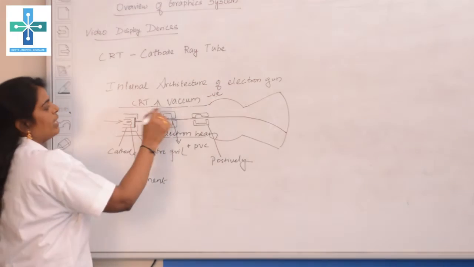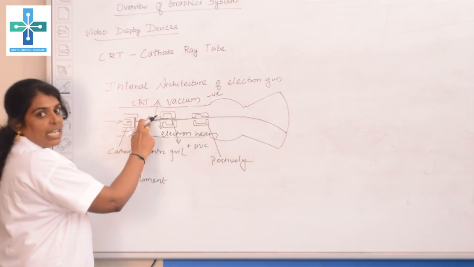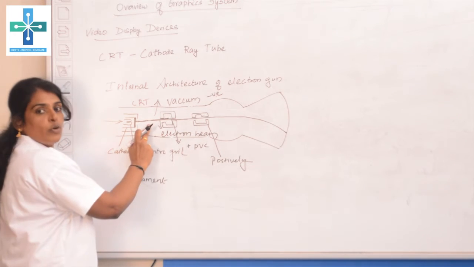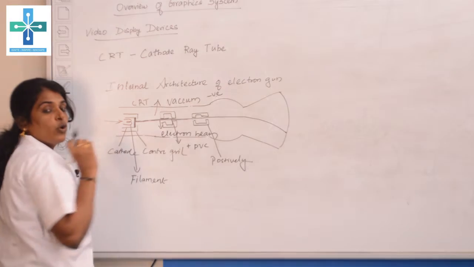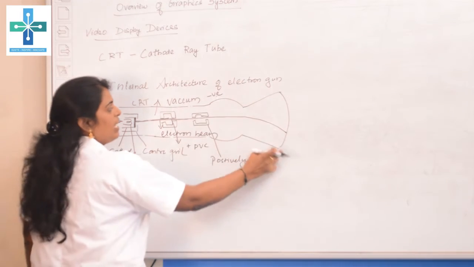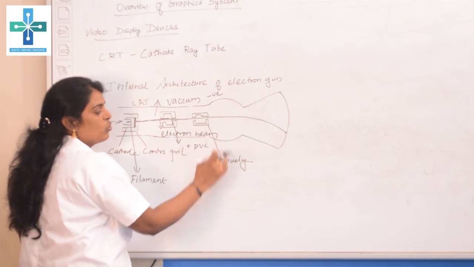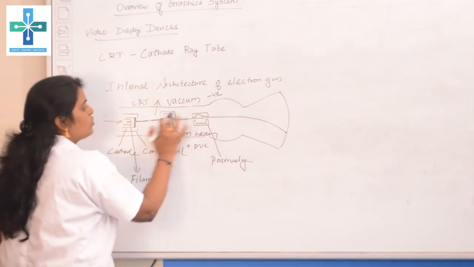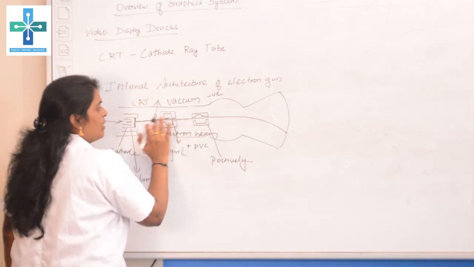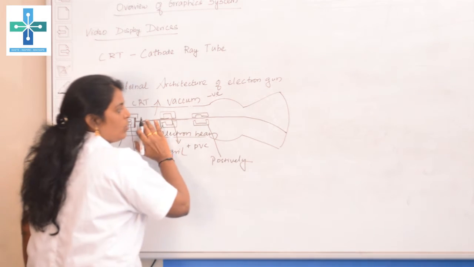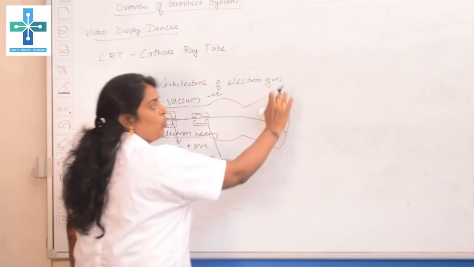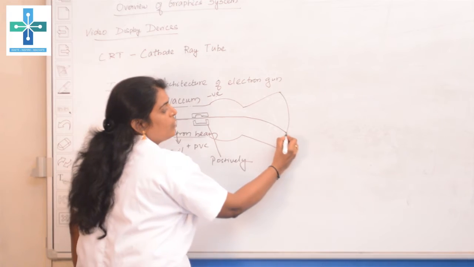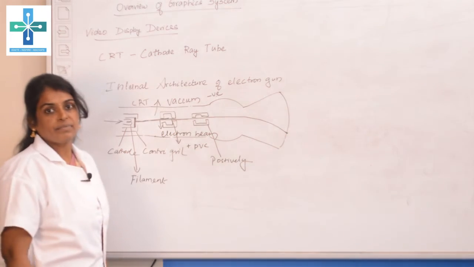I have told you already that this vacuum tube will be producing the negatively charged particles, and here the electrons also will be producing the positively charged particles. To produce a high intensity of light, even this accelerating anode is used to produce the positively charged particles. These two together will generate this electron beam, and it directs the electron beam to project on the phosphorus screen, and it gives you the picture quality.